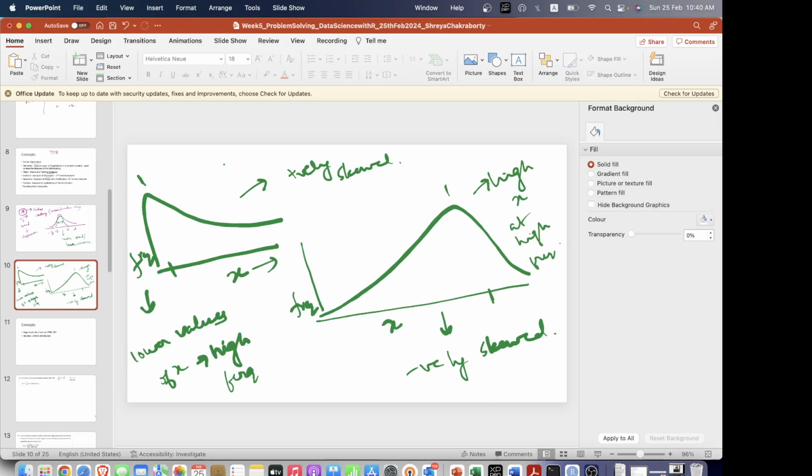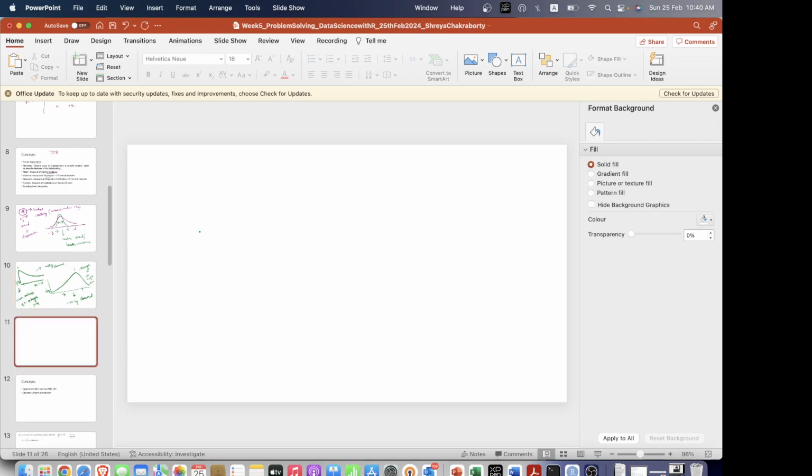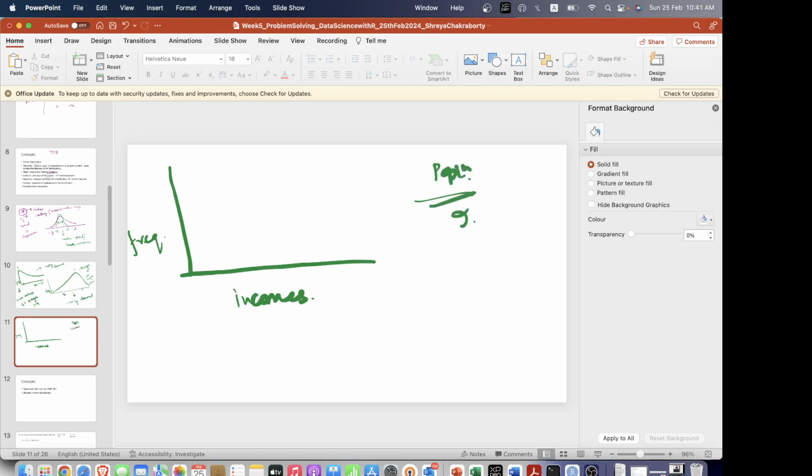So if I give you an example, let's say along the x axis I plot incomes, and along the y axis I plot frequencies, and my population under consideration is, let's say, the Indian population. So how do you think this curve would look like?